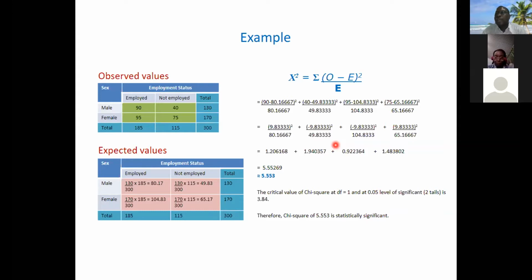That gives you 40. Now, that 40 assumes that all of us have the same age.